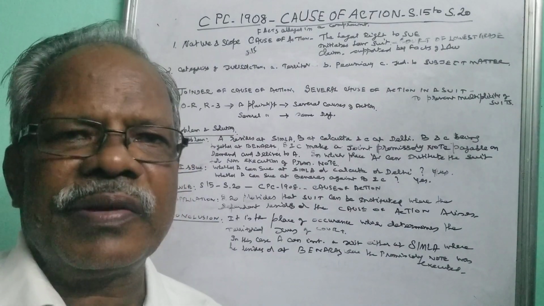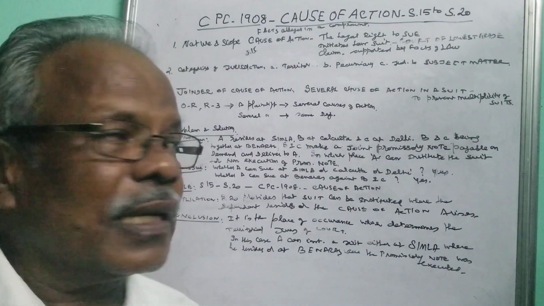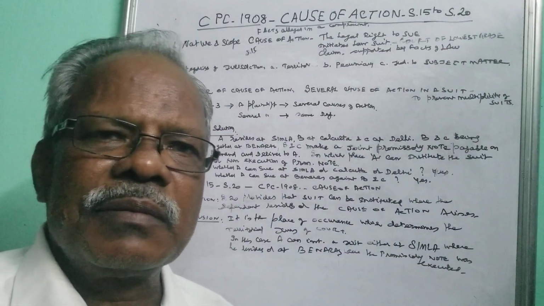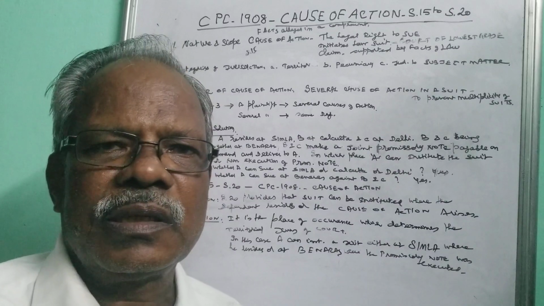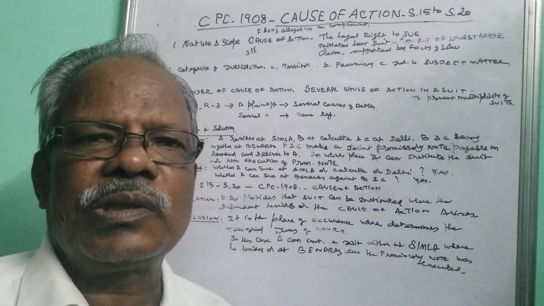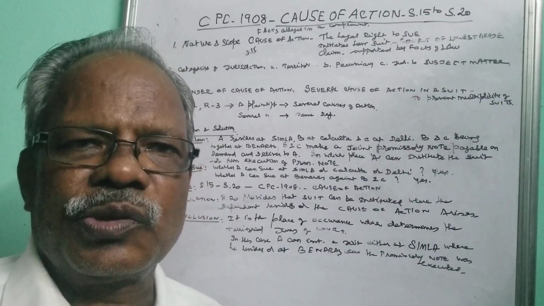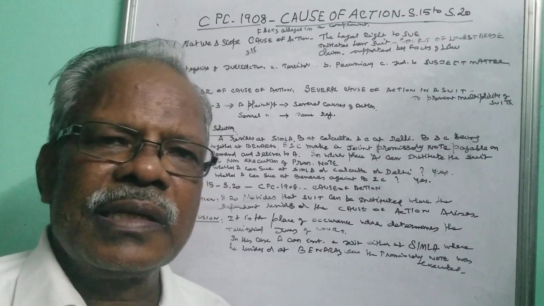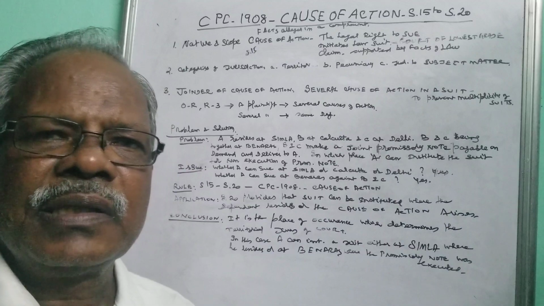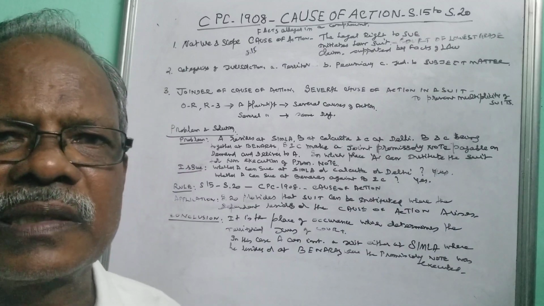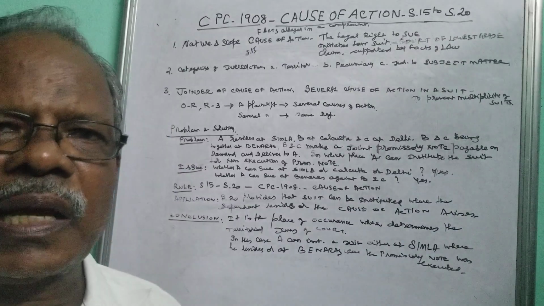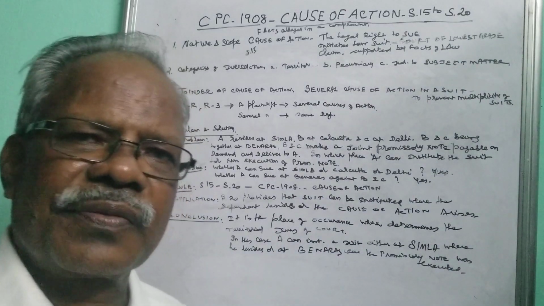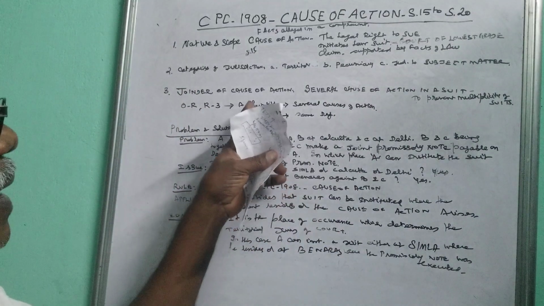So for each and every cause of action, the plaintiff need not initiate a separate suit. There may be several causes of action and one plaintiff, or several plaintiffs and several causes of action, or one defendant and several plaintiffs.